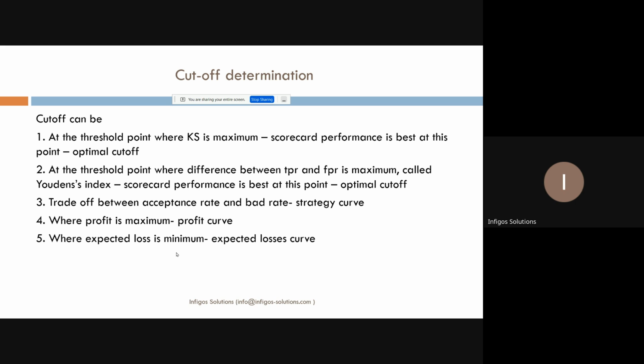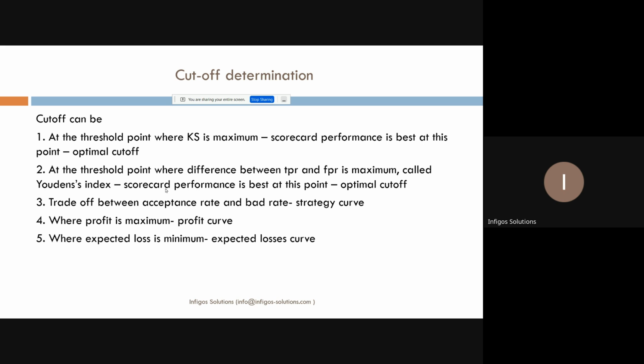Where KS is maximum, at that point your scorecard is doing the best discrimination, or accuracy, I would say AUC is maximum at that point. So you want to make sure you pick that point and you find what is the acceptance rate at that point, what is the bad rate.